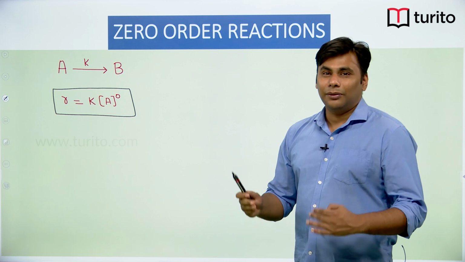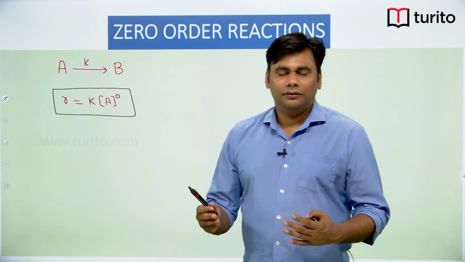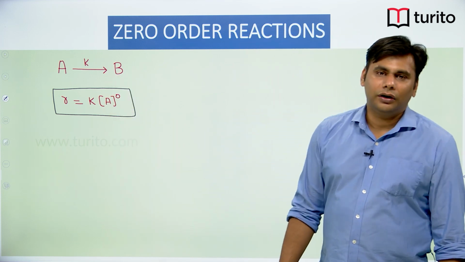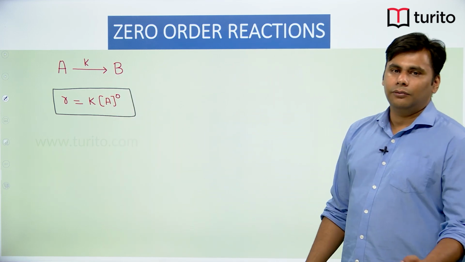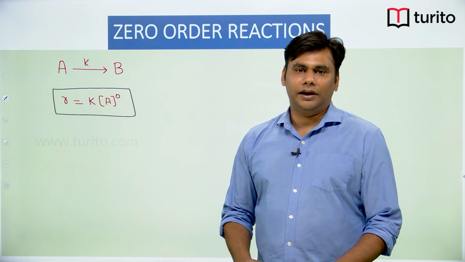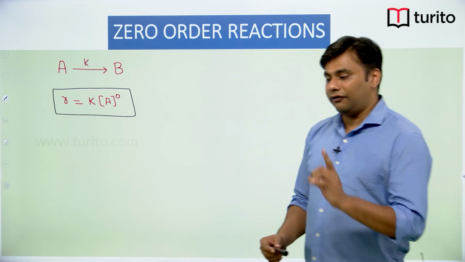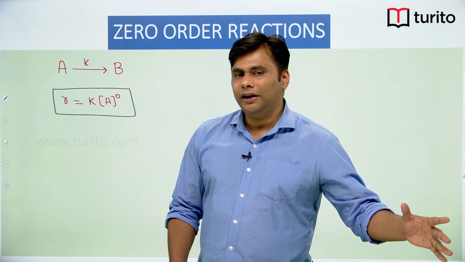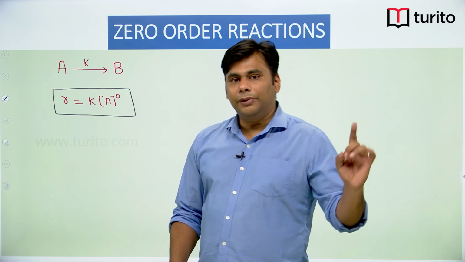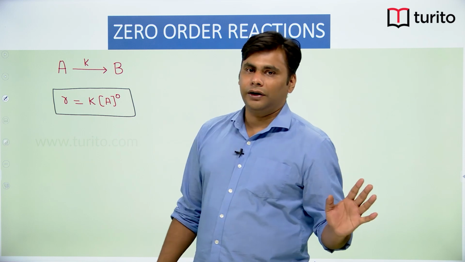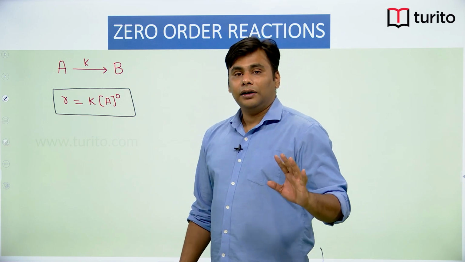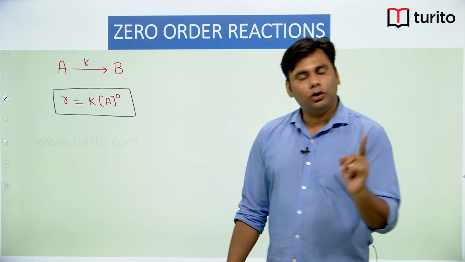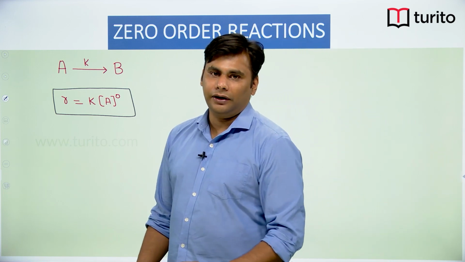Okay, in some cases it might happen that the stoichiometry and the order are coming out to be same, but it might not be an elementary reaction. So we'll say something like this: if a reaction is elementary, the order will be same as that of stoichiometry. Okay, but if order is same as that of stoichiometry, we cannot always say that the reaction will be elementary.